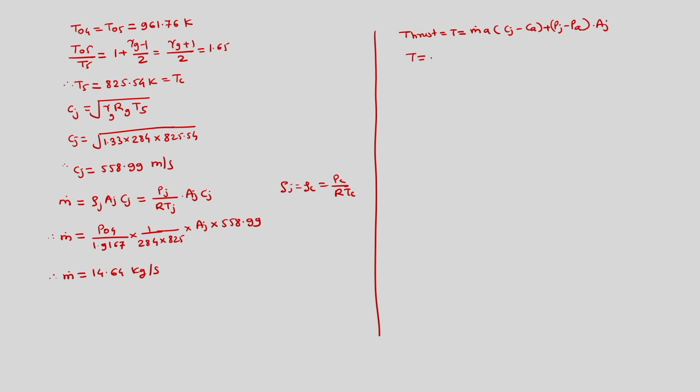We know m dot is 14.64, Cj is 558.99, Ca is given as 223.6, plus Pj, which is Pc, obtained as 0.657 from P upon RT, minus atmospheric pressure, which is 0.458, into Aj, which is given as 0.09.